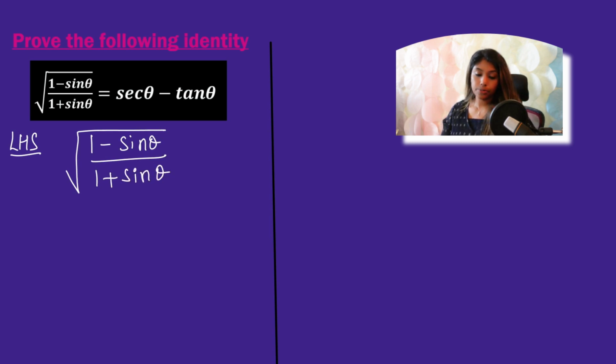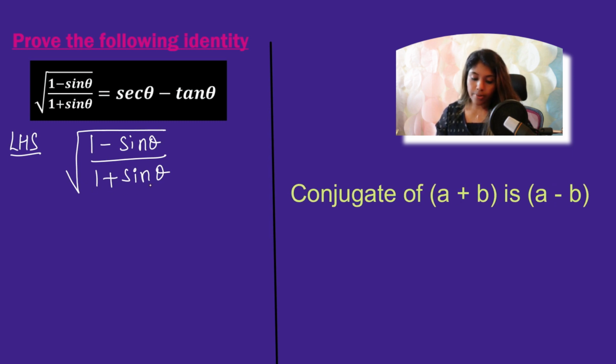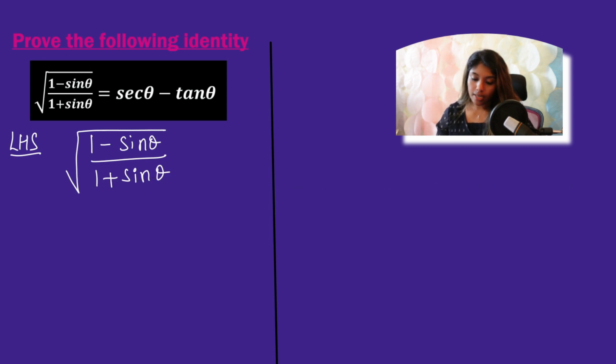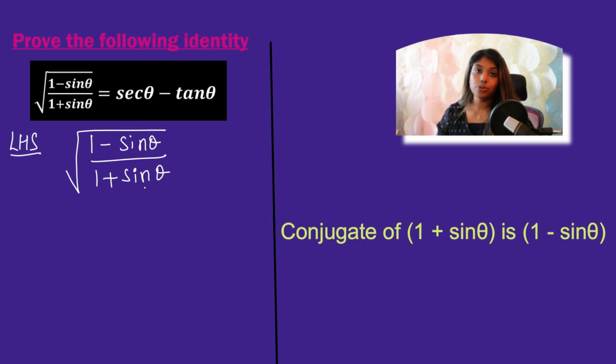When I say conjugate, what it means is that you look at the denominator. If it is in the form of a plus b, the conjugate is a minus b. If the denominator is of the form a minus b, then the conjugate is a plus b. So here the denominator is 1 plus sine theta, and its conjugate is going to be 1 minus sine theta.